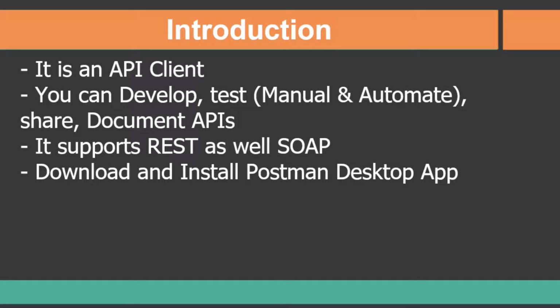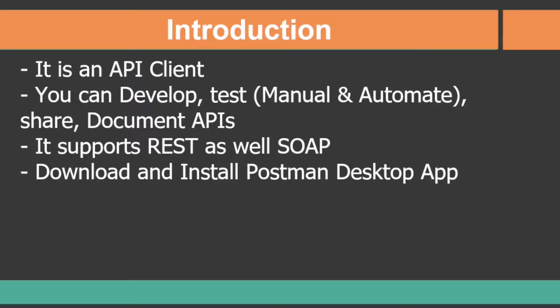So, what is Postman? It is an API client which is used to send API requests from the Postman tool, and you can develop APIs by using Postman, and also you can perform testing manually or by automating the test cases by using Postman.